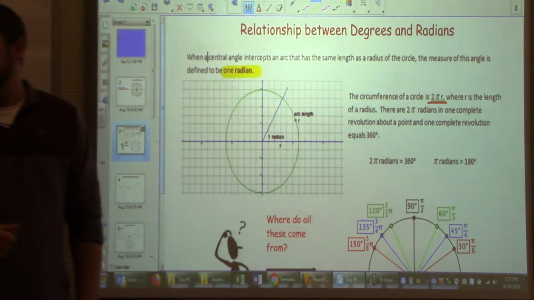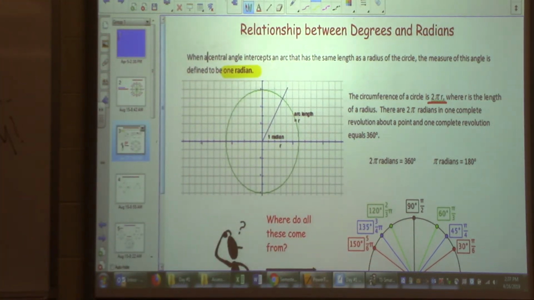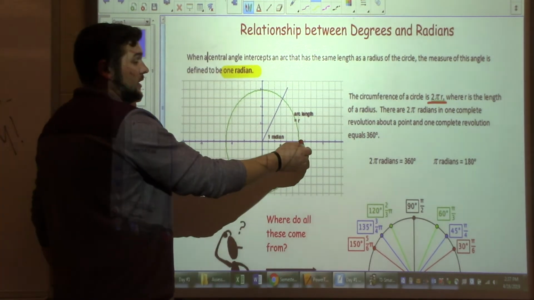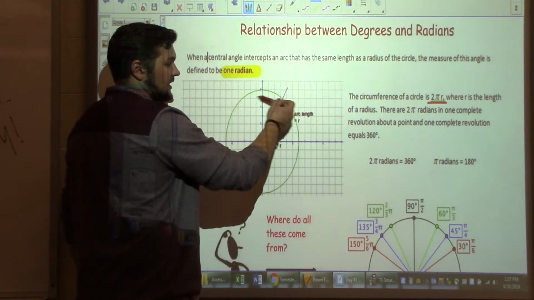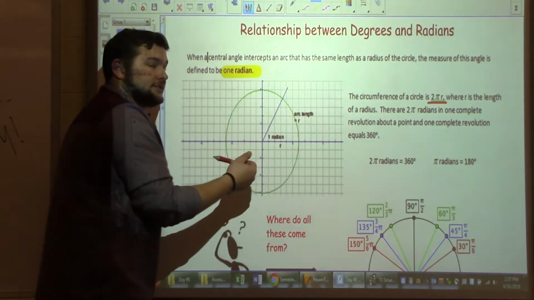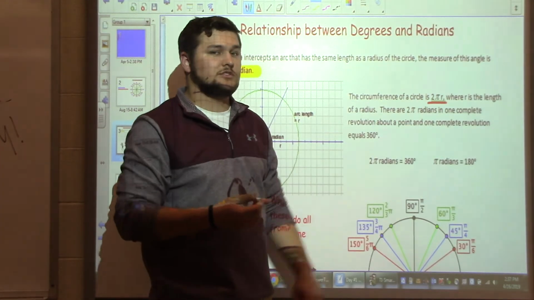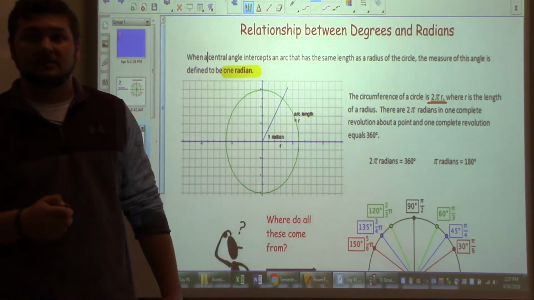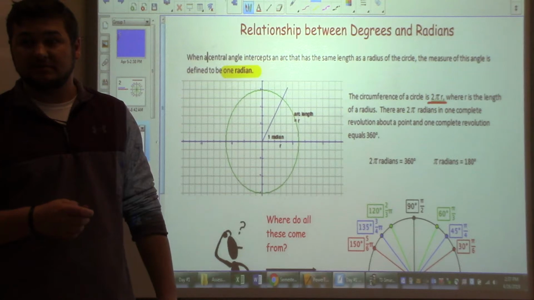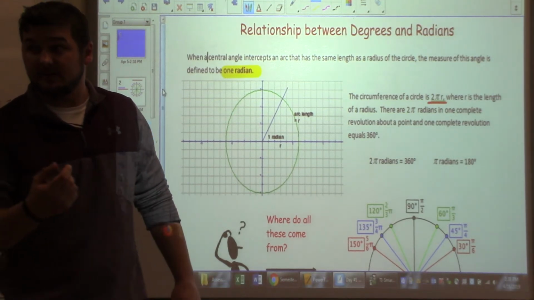Right? So if I'm trying to find all the way around here, the circumference in radians, and I know the radius is 1, and I plug that in, what is 2 times pi times 1 in terms of pi? 2 pi.